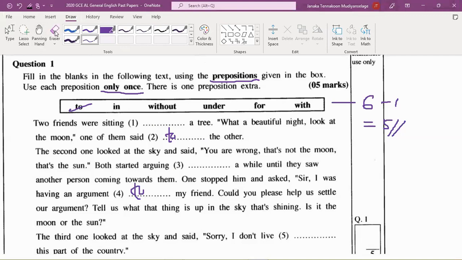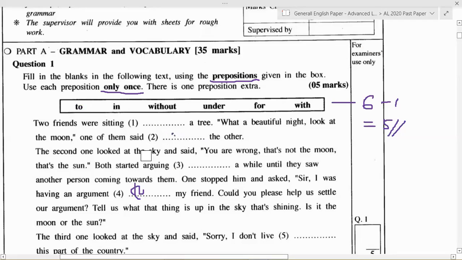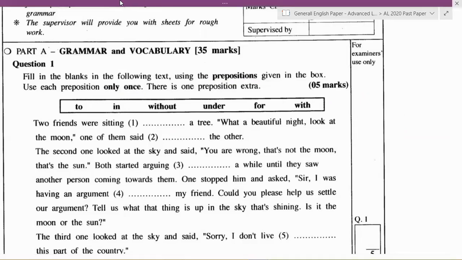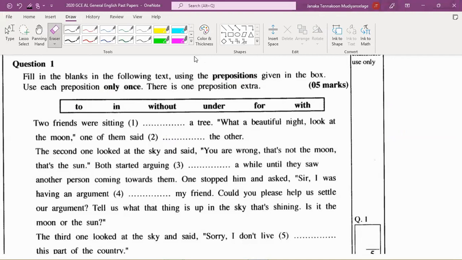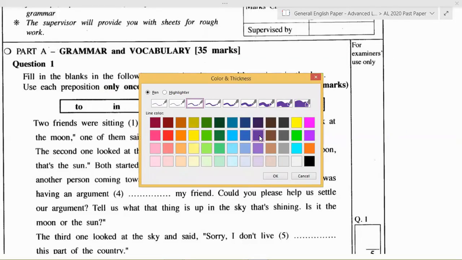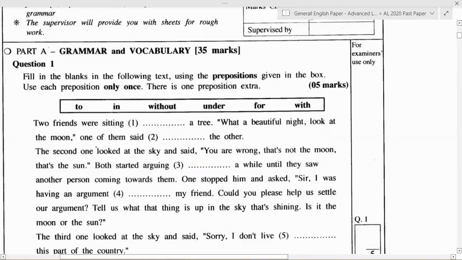Let's read it and see how far we can go. If you have studied your grammar properly, then you can tackle this question. Pretty much an easy, straightforward one. Two friends were sitting somewhere.